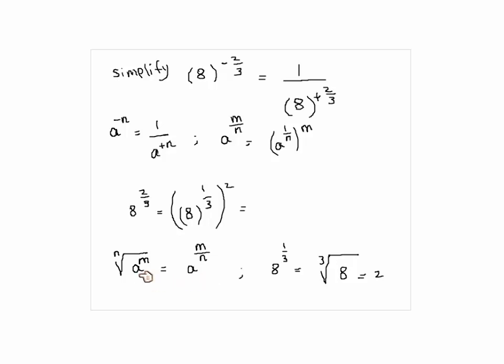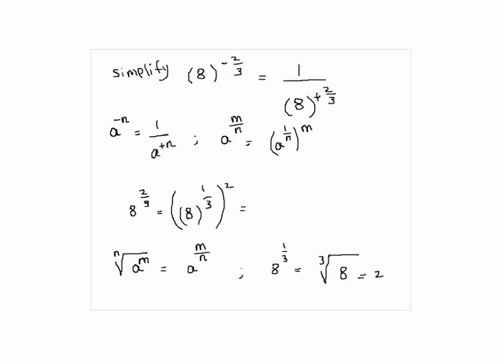If I have the nth root of a to the power of m, that would be the same as a to the power of m over n. So 8 to the power of 1/3 would then be the 3rd root of 8.